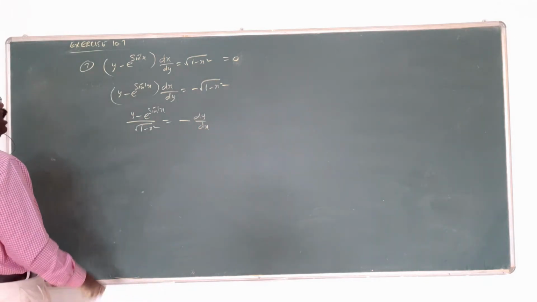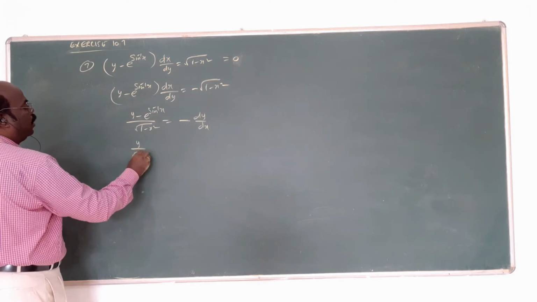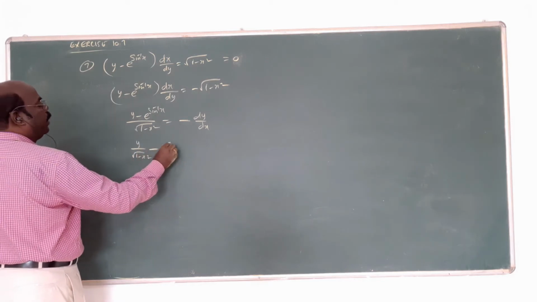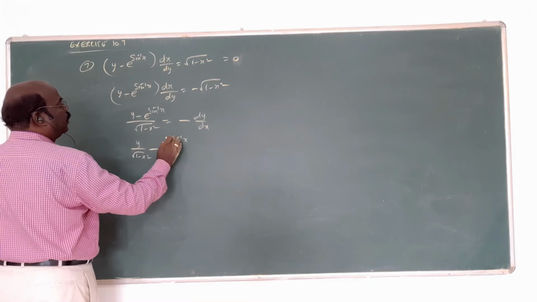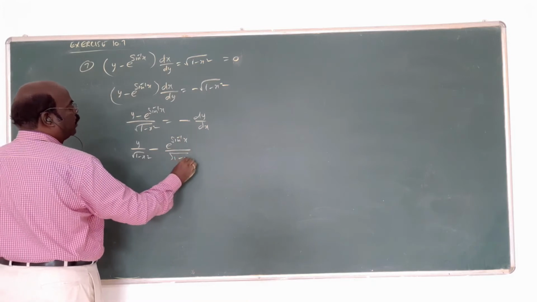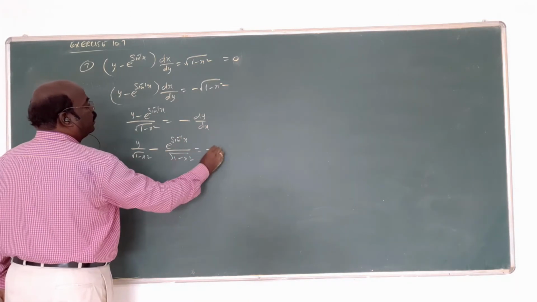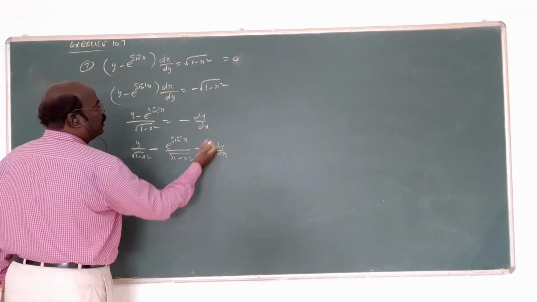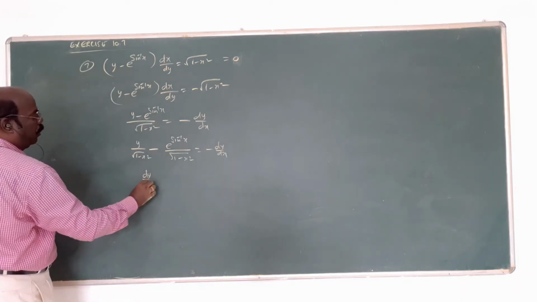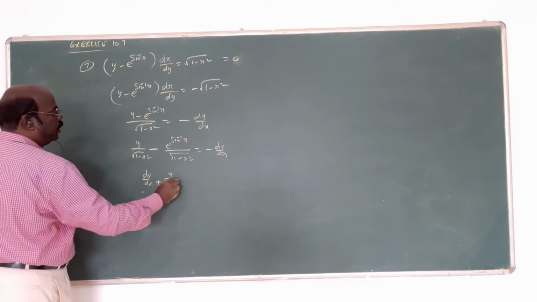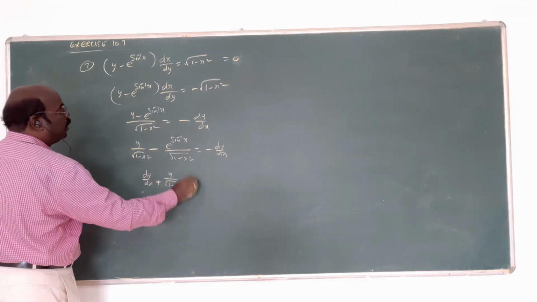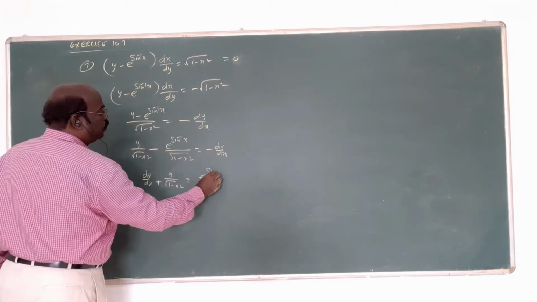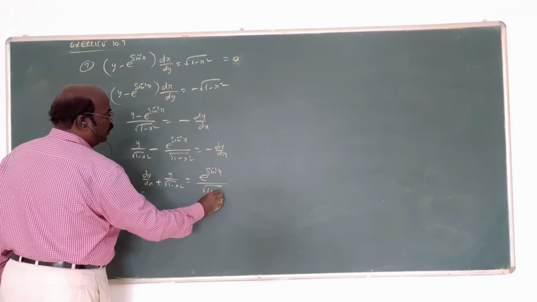Okay? Now the root of 1 minus y, minus e power sin⁻¹x, divided by root of 1 minus x square, equals minus dy by dx. Now put it in positive form: dy by dx plus y into y by root of 1 minus x square equals e power sin⁻¹x by root of 1 minus x square.